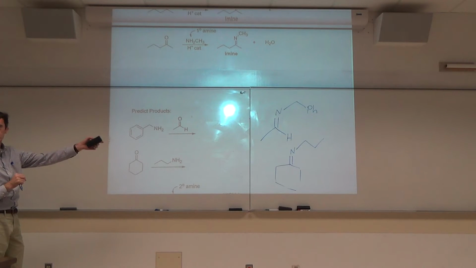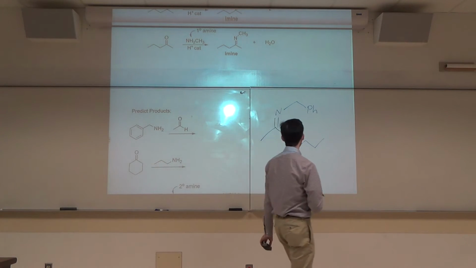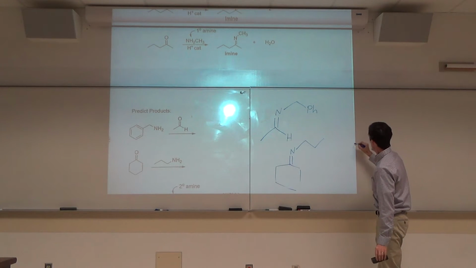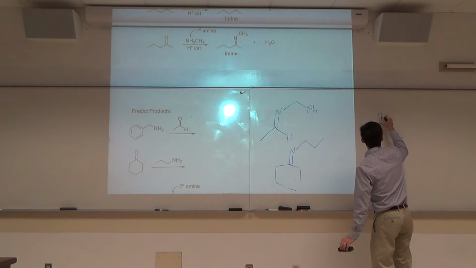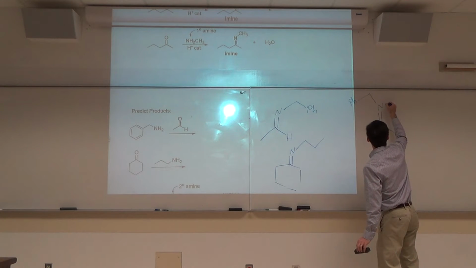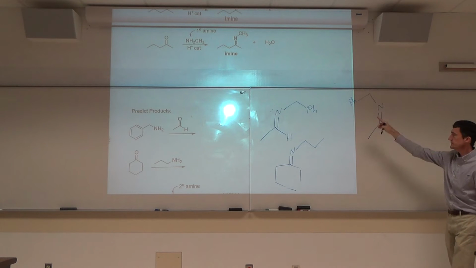Can you have isomers with either of these? Are these isomers or are these the same compound?